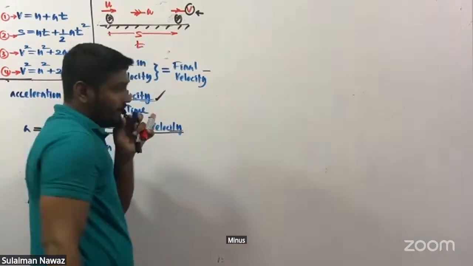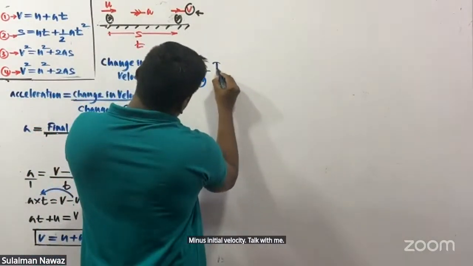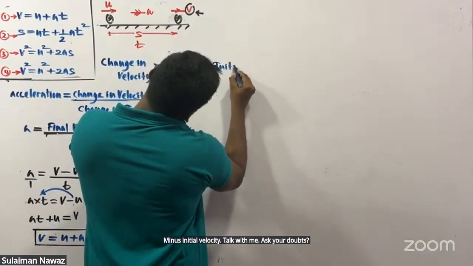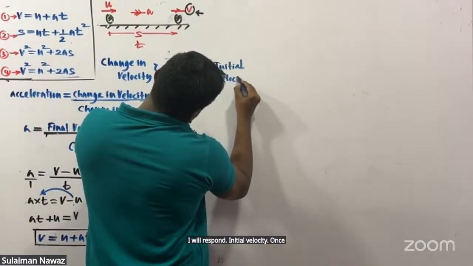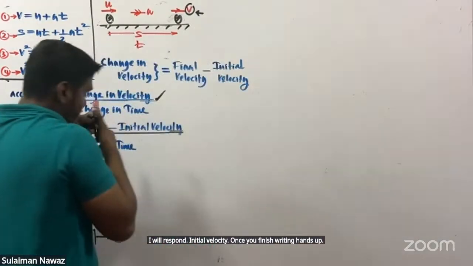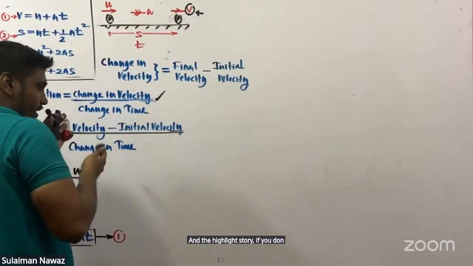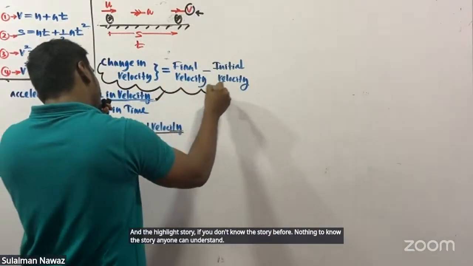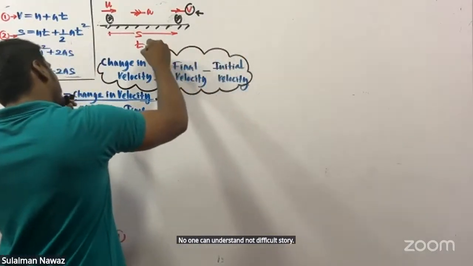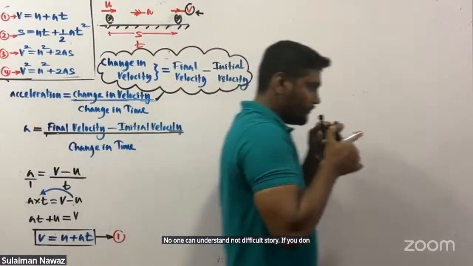Talk with me, ask your doubts, I will respond. Once you finish writing, hands up, and highlight it if you didn't know it before. It is not a difficult story; anyone can understand.